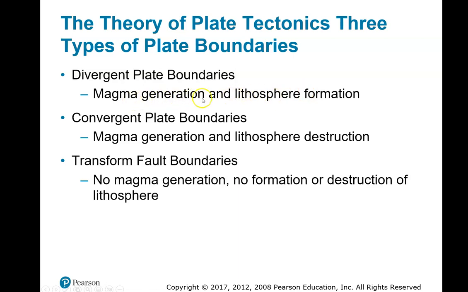Because the magma will solidify, and this happens mostly in the middle of the oceans. Then at convergent plate boundaries, you get magma generation, and usually one plate will slip below another. A term usually used for divergent boundaries is rifting.